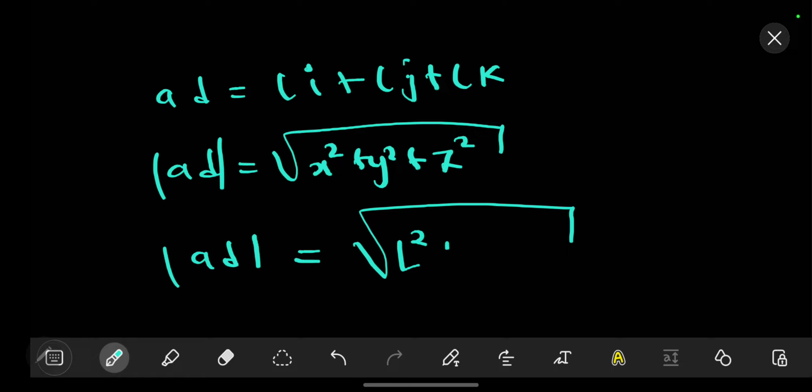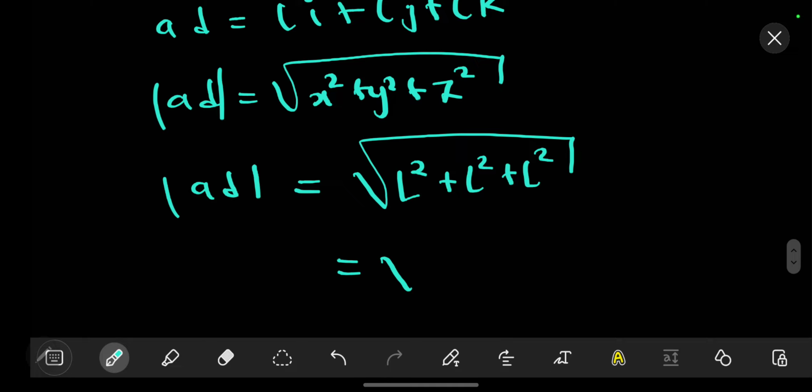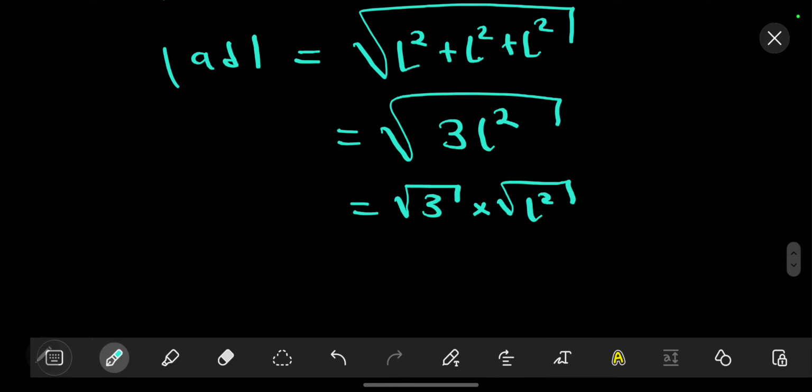So we have L squared plus our y is equal to L squared plus L squared, like that. So when we add it, we have L squared plus L squared plus L squared. We have our 3L squared. Then when you find the square root of 3L squared, we can distribute this by saying the square root of 3 times the square root of L squared. So this one will be equal to the square root of 3, then we have L. So this will be our AD, like that.